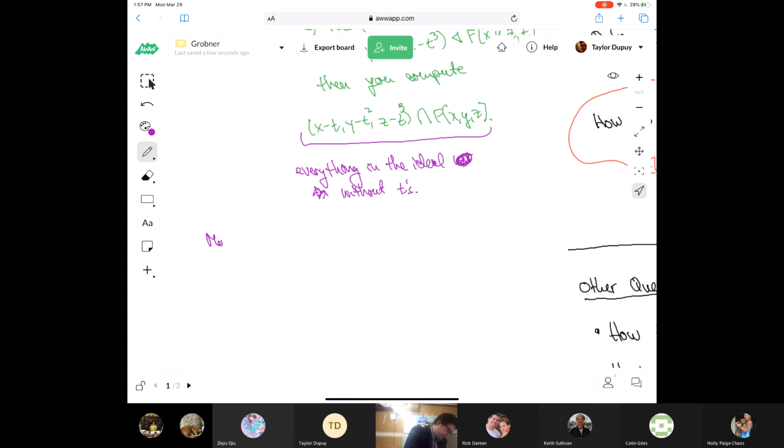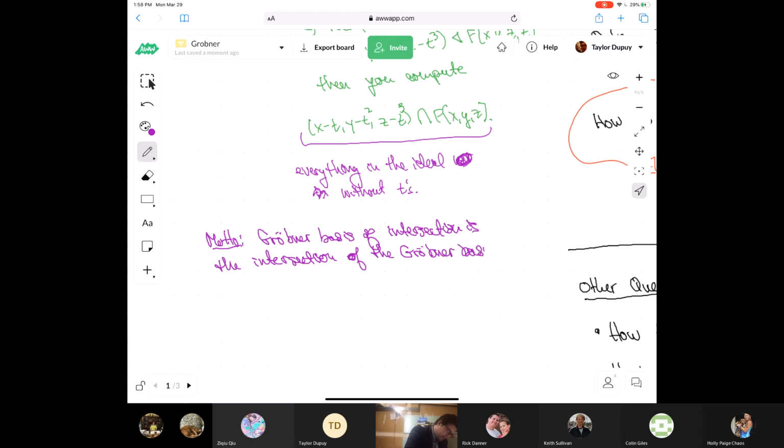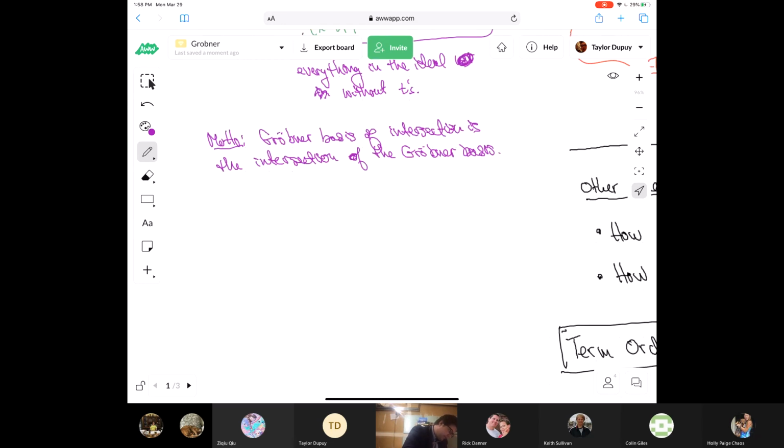So the motto here is: the intersection of the Gröbner basis.